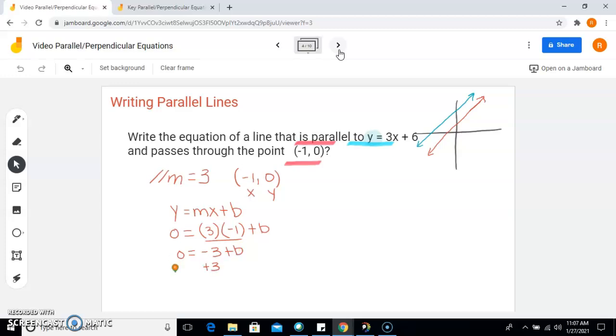Then I'm going to add 3 to both sides, which gives me b equals 3. Now, when I go to write my final answer, remember we were writing the parallel equation. So that means I need my parallel slope and I need my y-intercept. That's going to be my m and my b. My final answer would say y equals 3x plus 3.